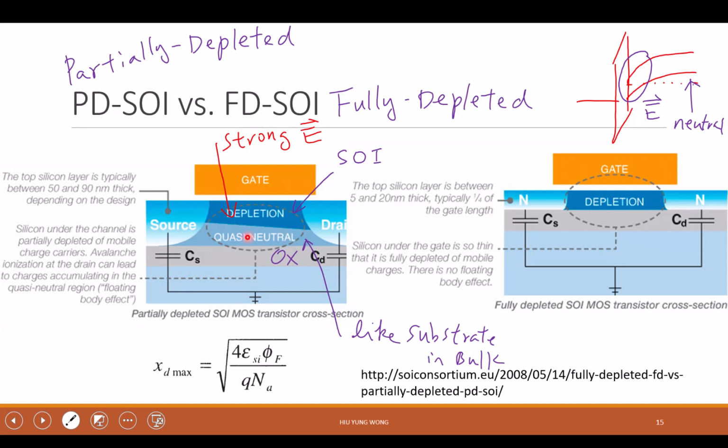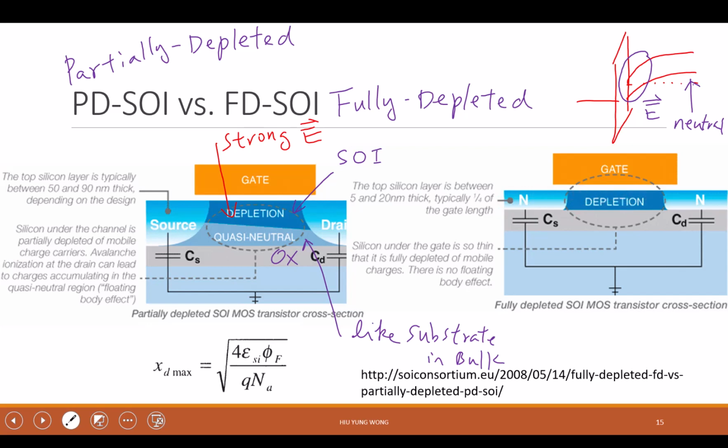For example, I can bias the substrate, which allows me to change the threshold voltage through body bias here instead of the back side. Another thing is, for FDSOI, your threshold voltage completely depends on the thickness of depletion, which is dependent on the thickness of your silicon.